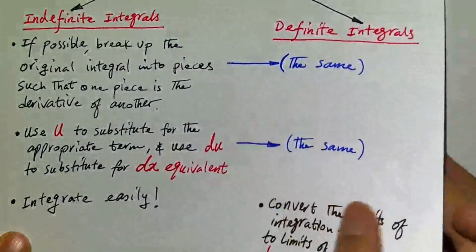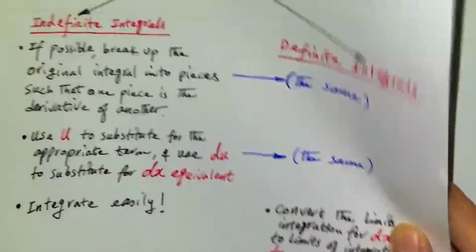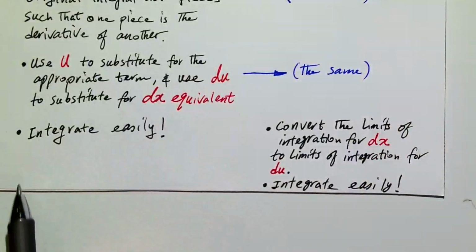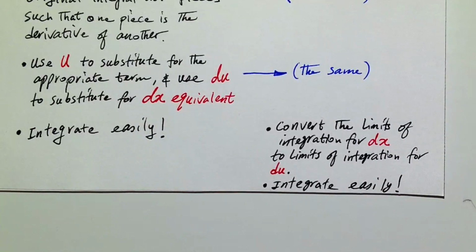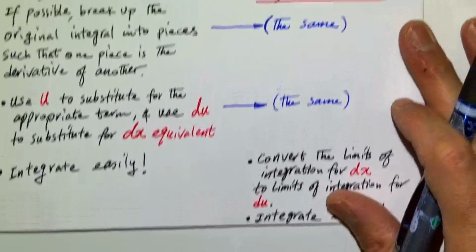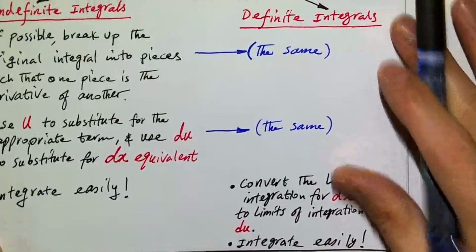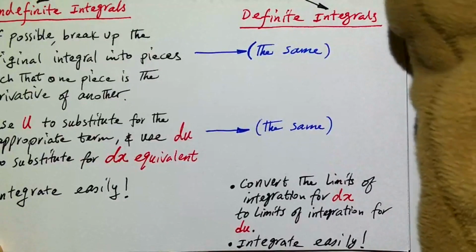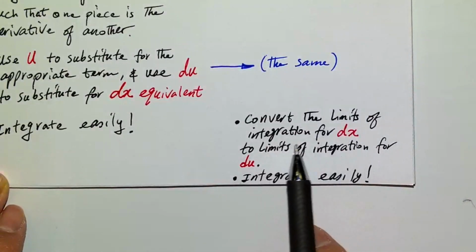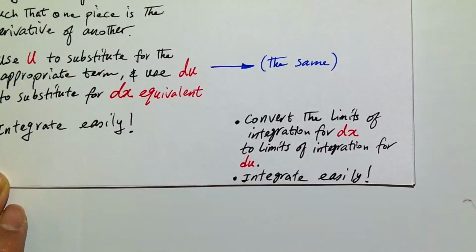If we're integrating an indefinite integral, then after this step, we will integrate easily. But if we're integrating a definite integral, then we have to do something more. We'll have to convert the limits of integration. Remember, definite integrals have lower and upper limits of integration.